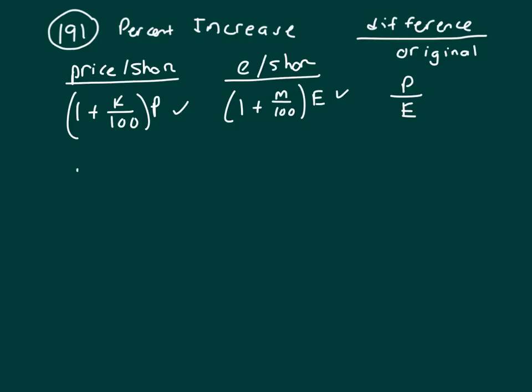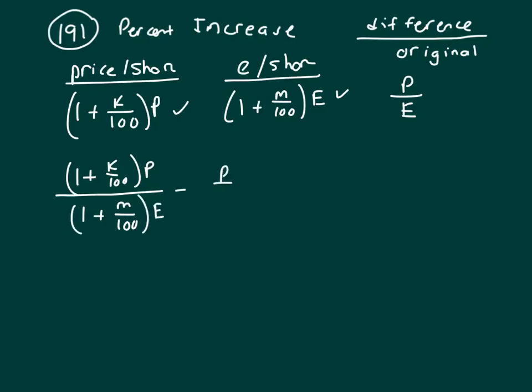That would be price, which is 1 plus K over 100 times P, over earnings, 1 plus M over 100 times E, minus the original, which is P over E, and then over the original, which is P over E.